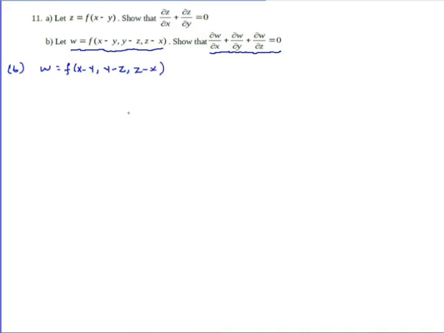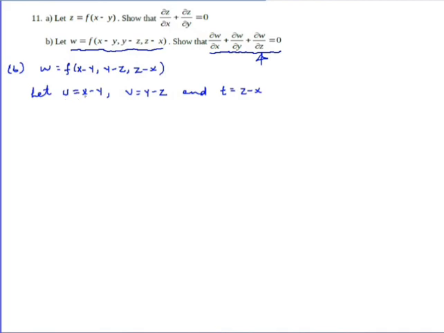To show that this equation is satisfied, we will apply the chain rule as usual. So let us represent x minus y by u, y minus z by v, and say t is z minus x. We apply the chain rule here.